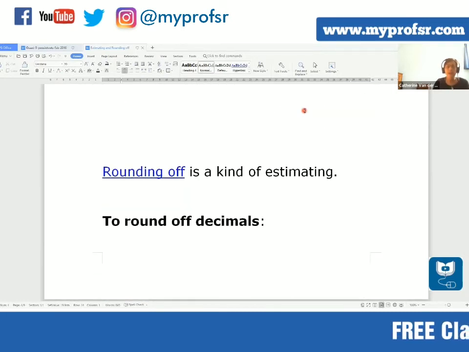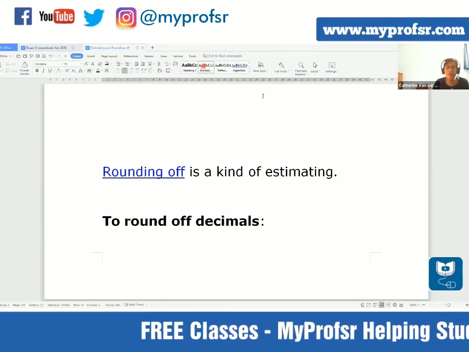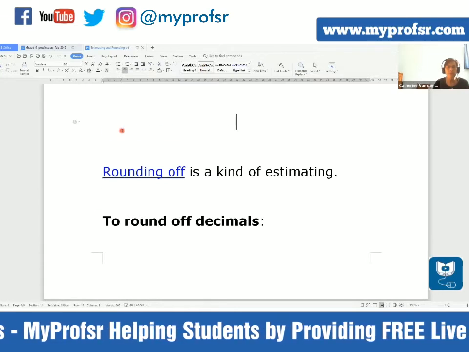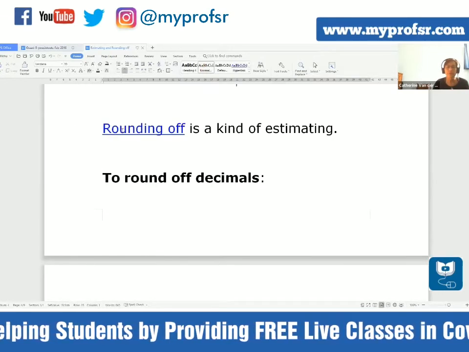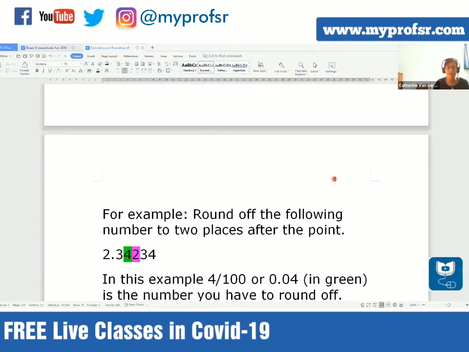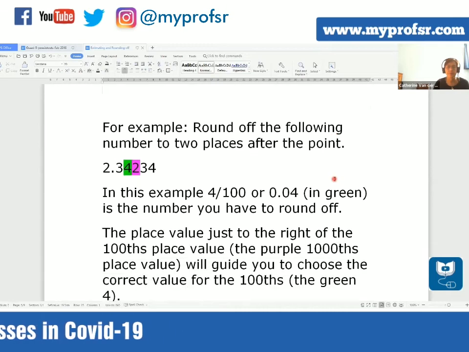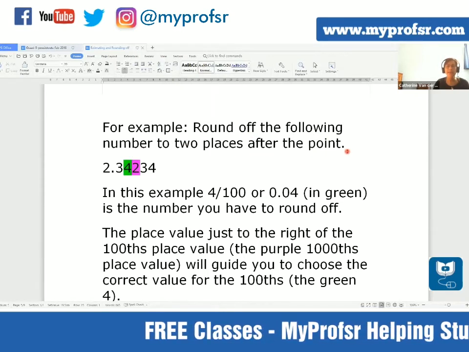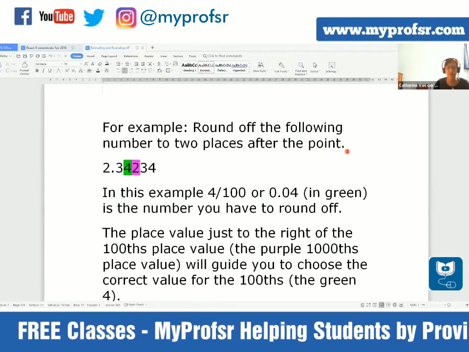Okay, now we're going to look at rounding off. How are we going to round off decimals? Our first example here, round off the following number to 2 places after the point.